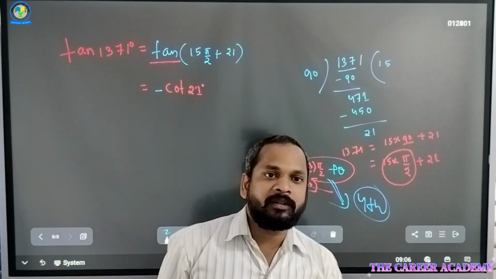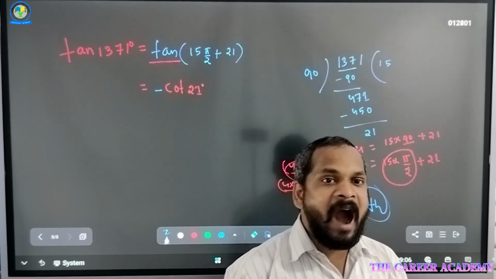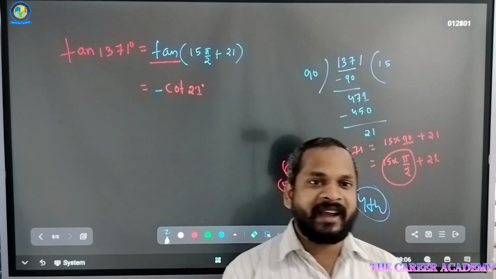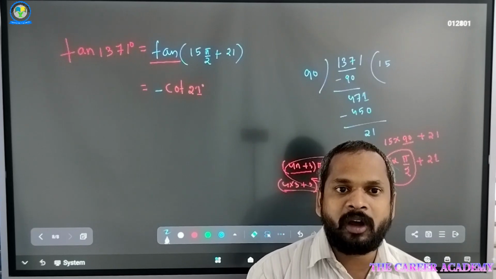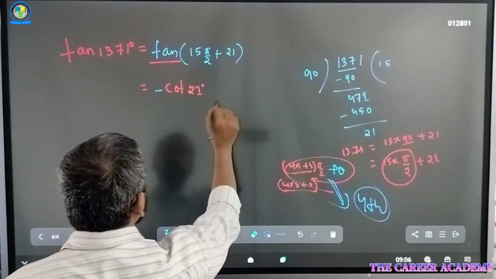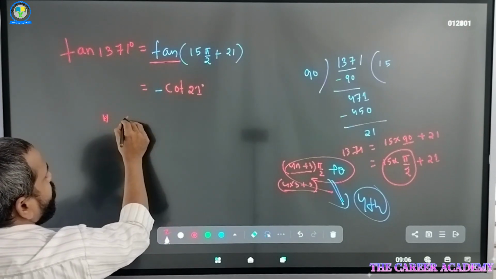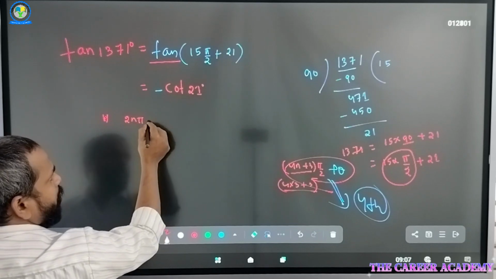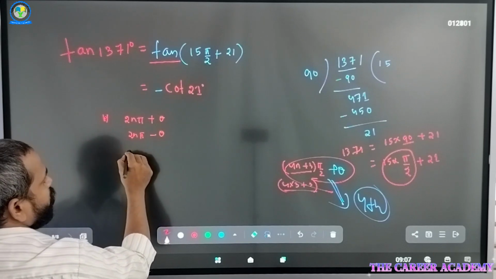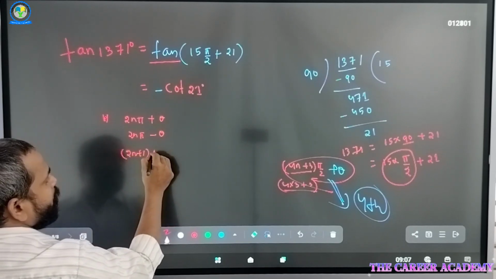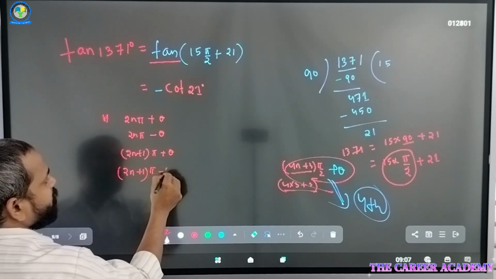Now what we have learned: whenever a very big angle is given, how we can convert it into an acute angle. The concept is the pi form, the rotation. Basically it is 2n pi plus theta, 2n pi minus theta, 2n plus 1 pi plus theta, 2n plus 1 pi minus theta.